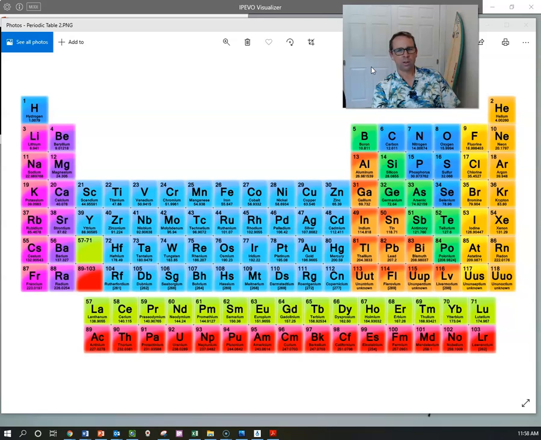Okay, it needs to lose an electron. Very good. Sodium needs to lose an electron. Very good. So what we're kind of seeing here is we're learning that based on where the element is on the periodic table, it tells us information about how it likes to do its chemistry, right?